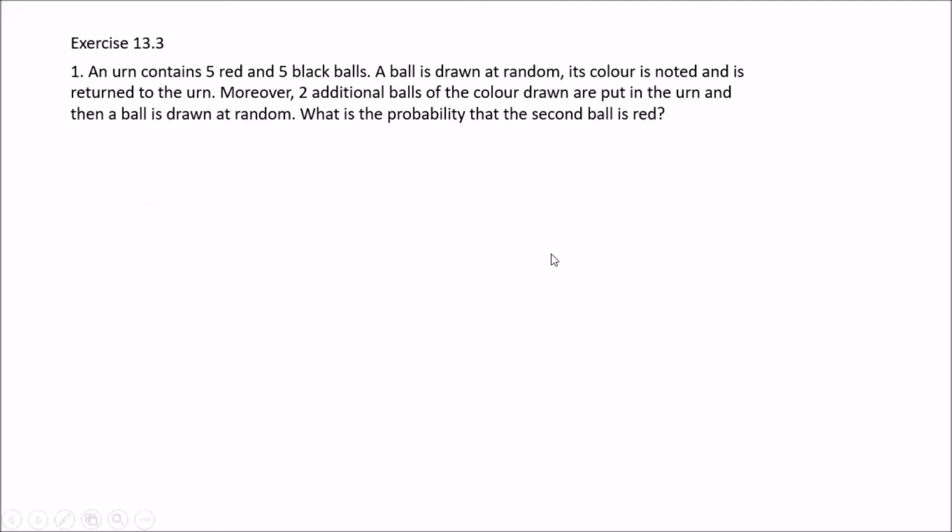An urn contains 5 red and 5 black balls. A ball is drawn at random, its color is noted and it is returned to the urn. Moreover, 2 additional balls of the same color are put in the urn. What is the probability that the second ball is red? That means an urn contains your 5 red and 5 black.